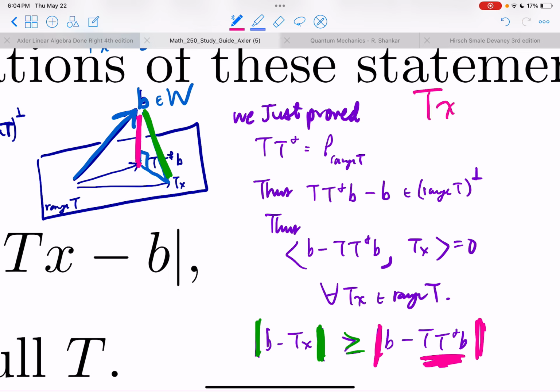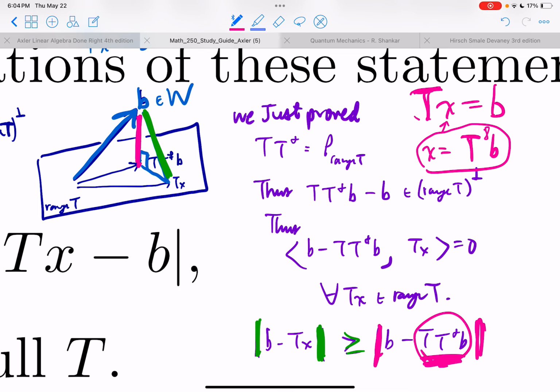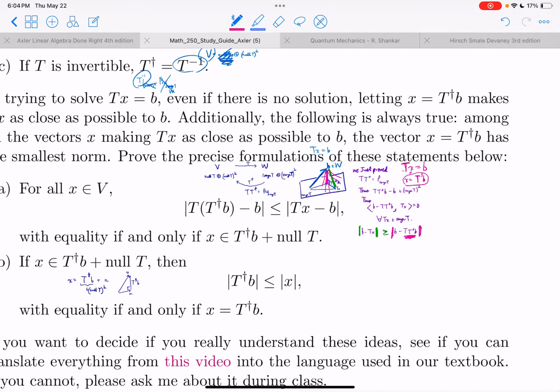And so if we're trying to solve Tx equals b, we should take x to be T dagger b. Okay, and then if you plug this in for x, we get T times T dagger b, and that's exactly the shortest distance of all the distances to things in the range. Okay, good.